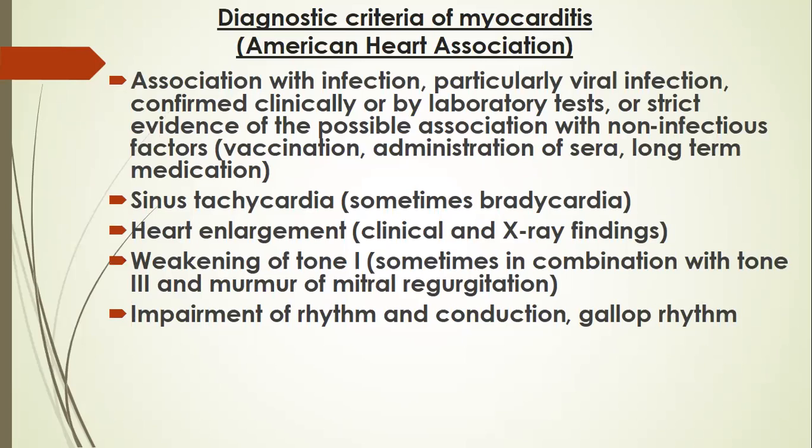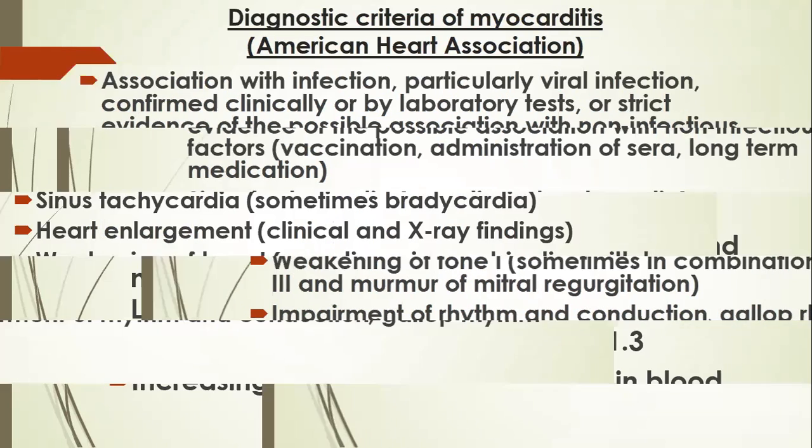First of all, the disease could be associated with infection or non-infectious factors. Then sinus tachycardia, heart enlargement, weakened first tone, and impaired rhythm, or we can see here a gallop rhythm.